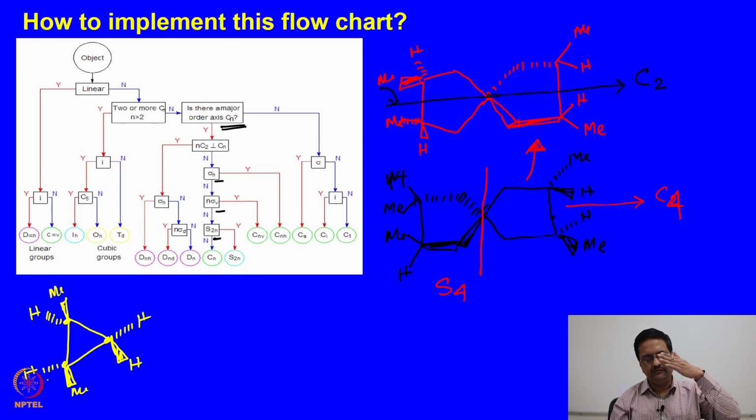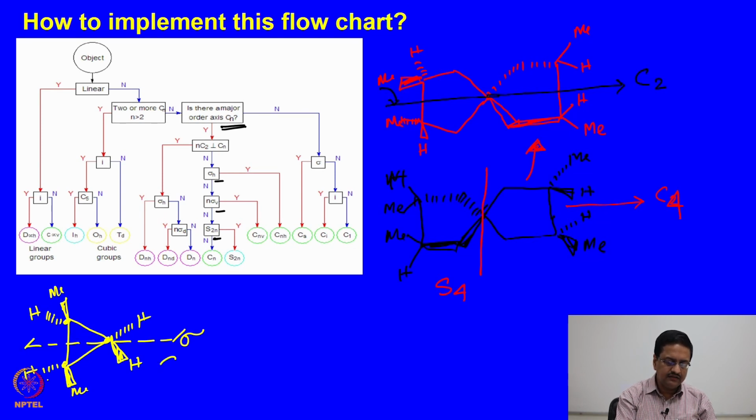Then the plane which is perpendicular to the plane of projection, that is this plane, is a sigma plane, and that is the only symmetry that is present in this molecule. So, we identify this molecule to be of the Cs point group.